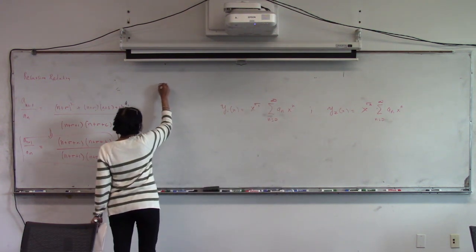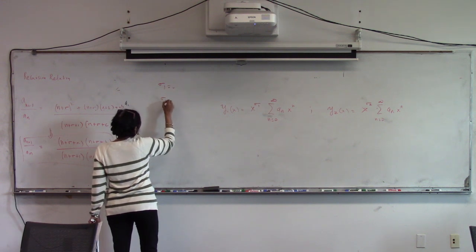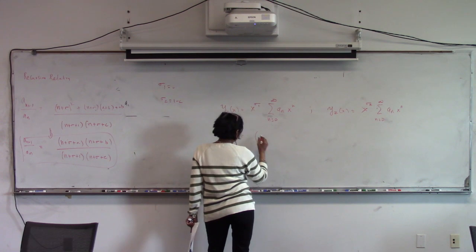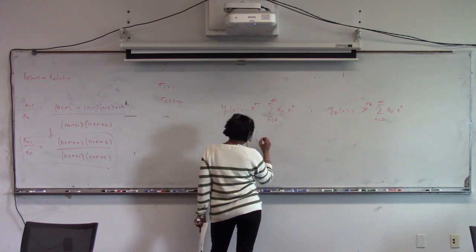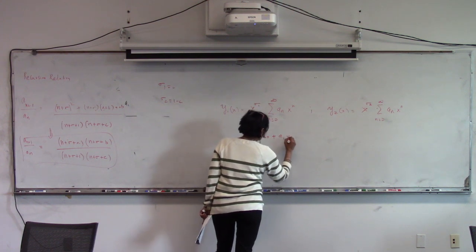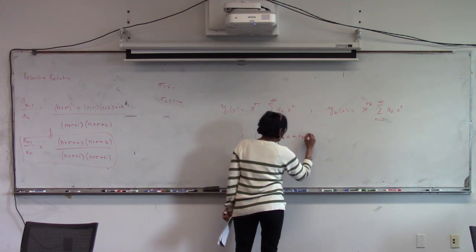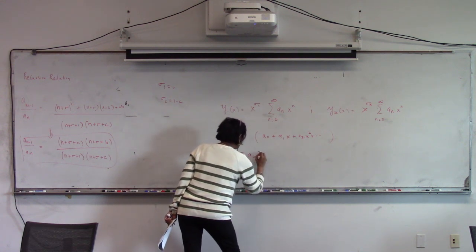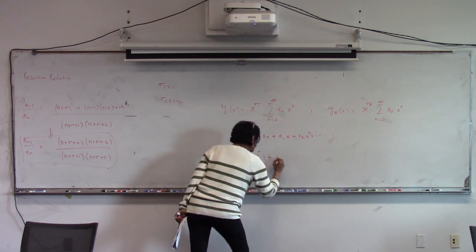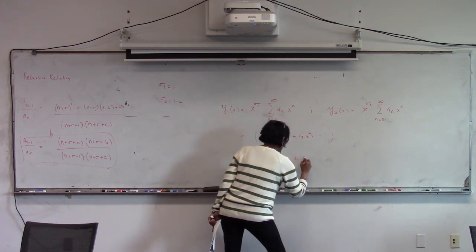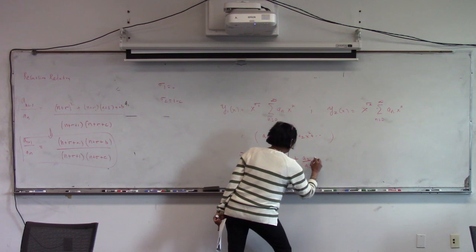And since sigma 1 is 0, I can write this as simple as this: a naught plus a1 x plus a2 x squared, and I'm just pulling out a naught as we normally do, a1 over a0 x plus a2 over a0 x squared.